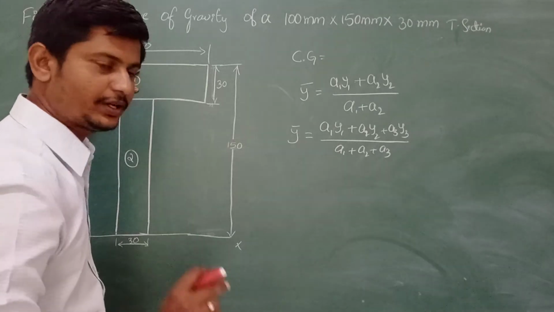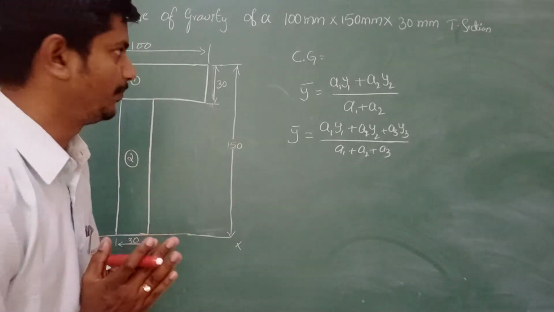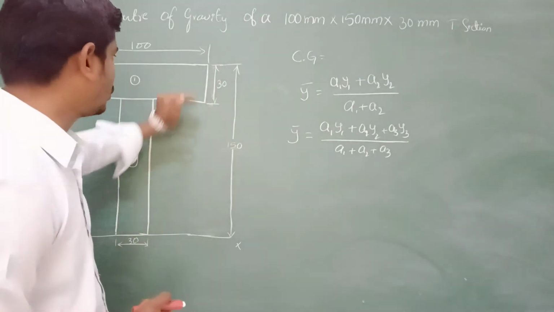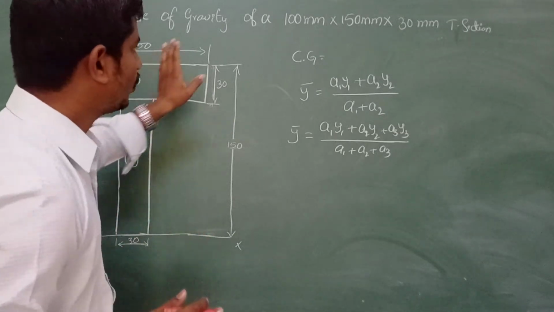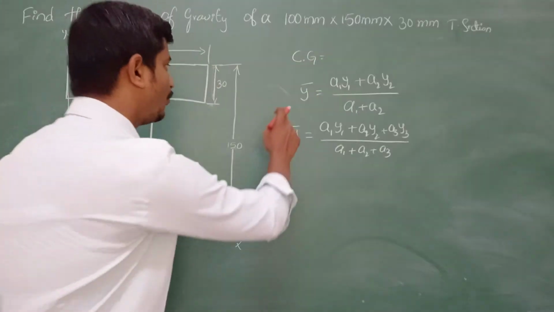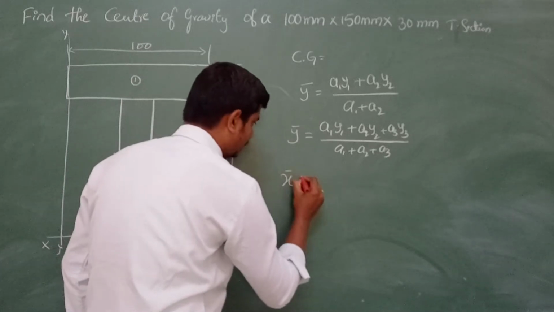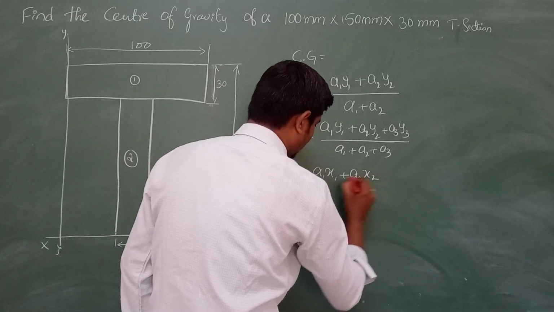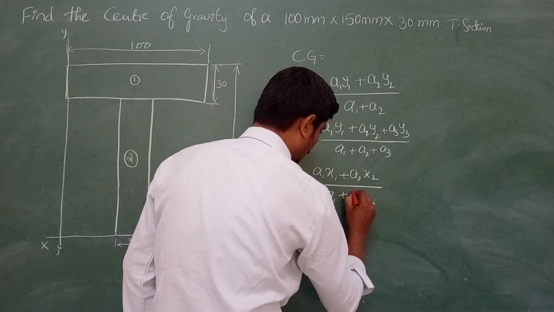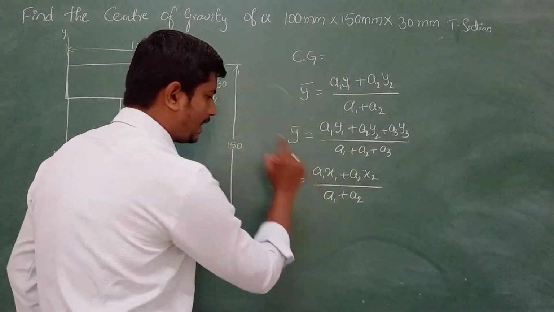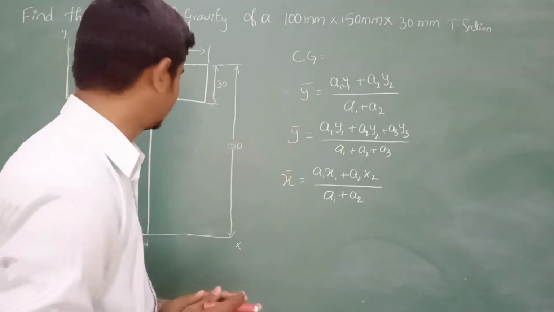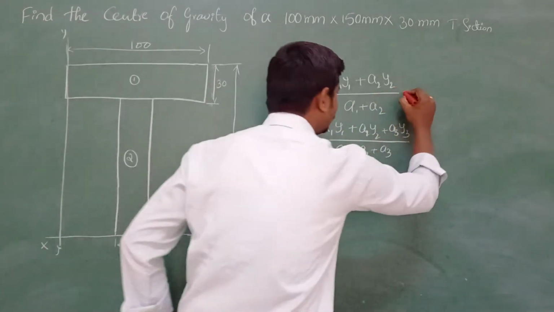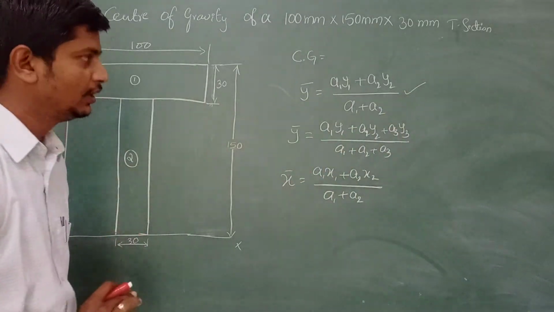This one is the first rectangle, this is the second rectangle, and y1 is the center of the object along the y-axis. And also if you consider along the x-axis, the formula becomes x dash is equal to a1 x1 plus a2 x2 divided by a1 plus a2. So this is for the x-axis, this is for the y-axis. Here I am using the y-axis formula for this problem.